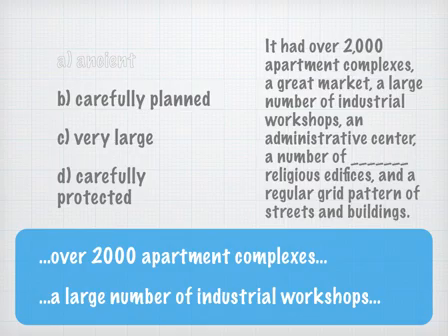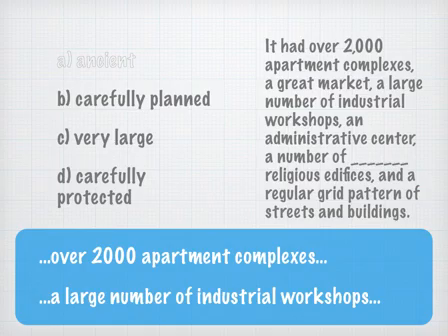So we can pretty much lose option D, which is carefully protected. There's nothing in this paragraph to indicate that anything is very carefully protected at all. There's no mention of an army, there's no mention of any walls, there's no mention of any kind of police force or anything like that that would indicate to us that anything is protected.